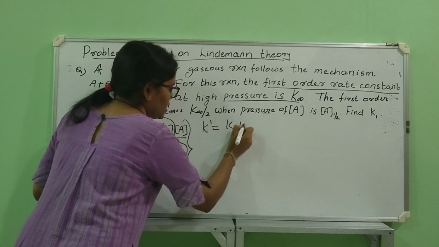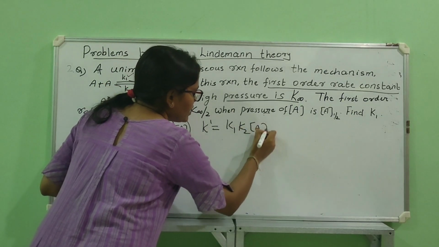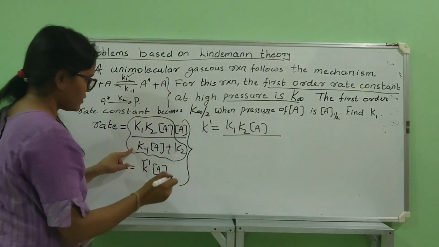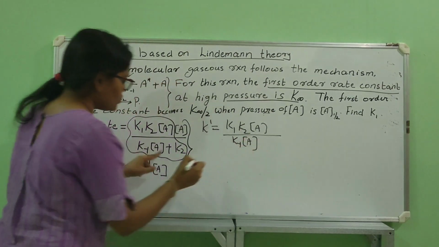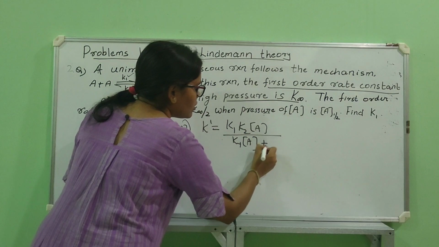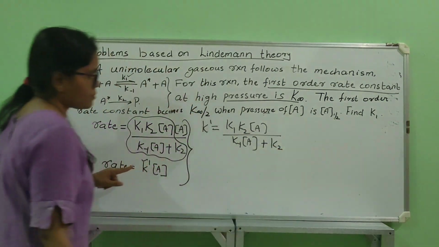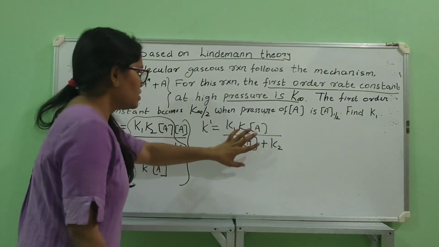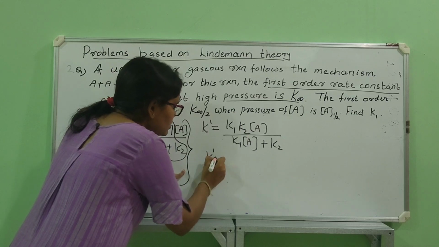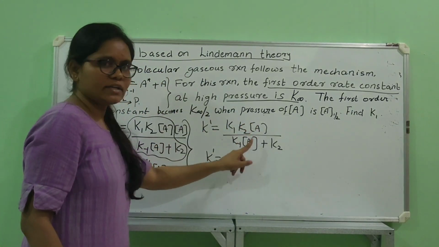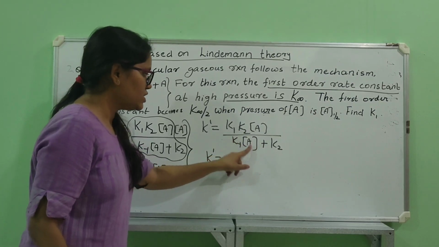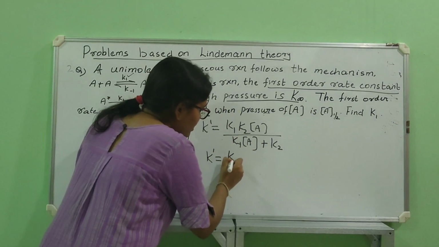K1 K2 into A by K minus 1 into A plus K2. Okay. So we have to modify this a bit. Now to modify this, I am dividing the numerator and denominator by K minus 1 into A. So what do I get?